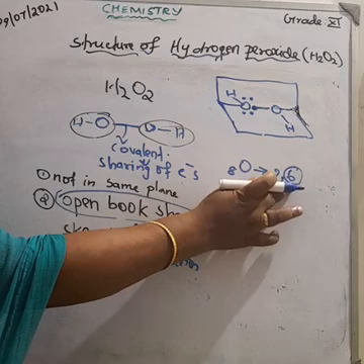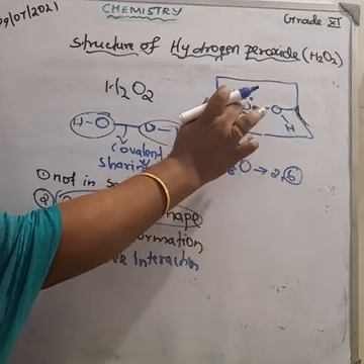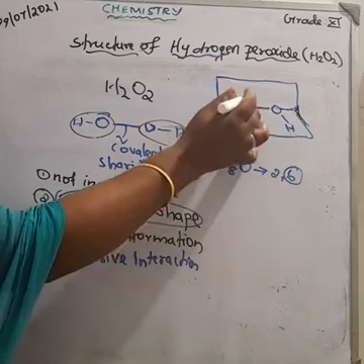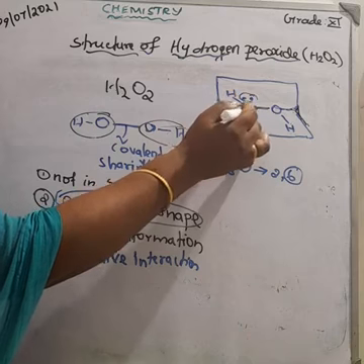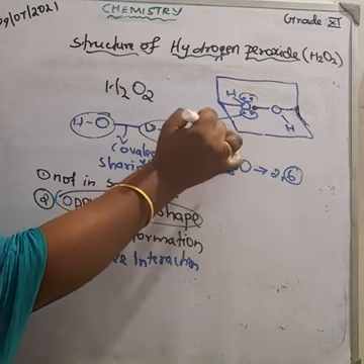This is one lone pair and this is another lone pair. Like that, this oxygen also has atomic number 8 and electronic configuration 2,6.